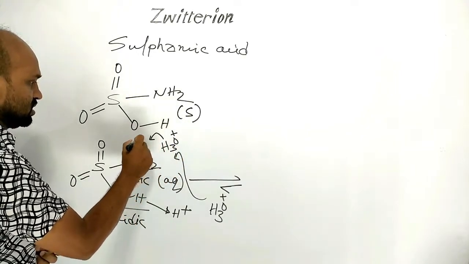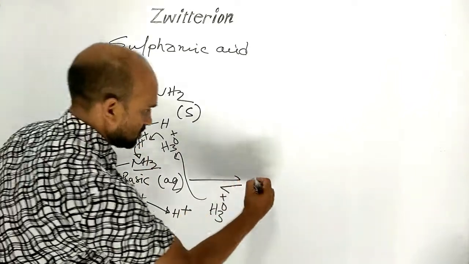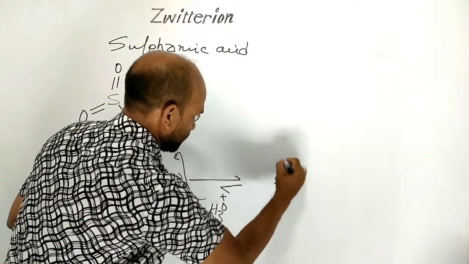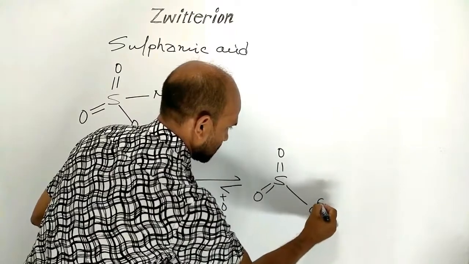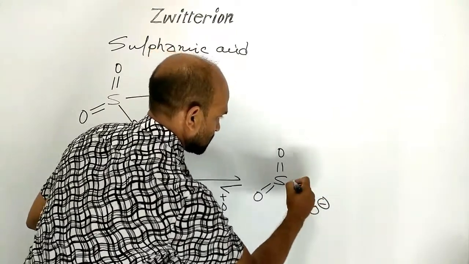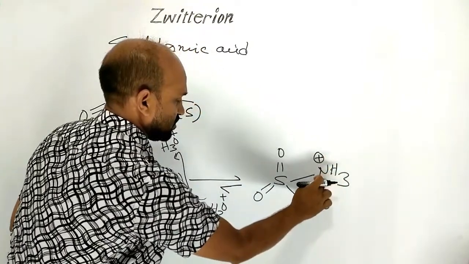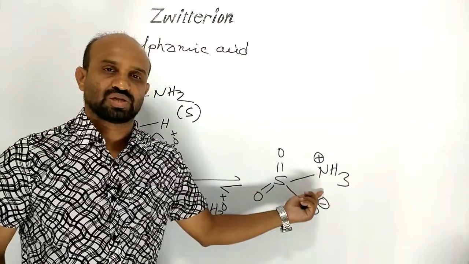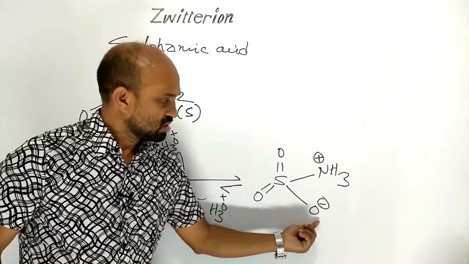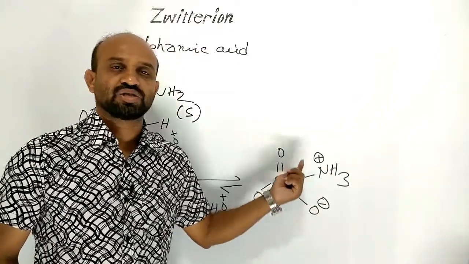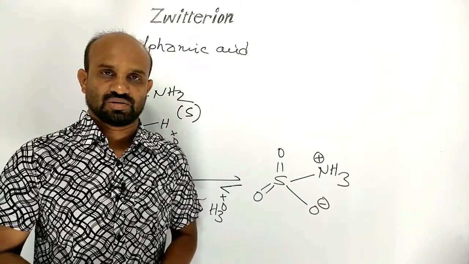Here it releases this proton. Ultimately we get sulfur, oxygen, oxygen, here a negatively charged group, here a positively charged group after the addition of proton to the amino group. The ion that contains negatively and positively charged functional groups is called Zwitterion.